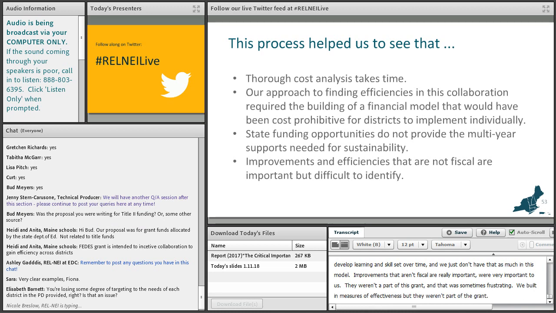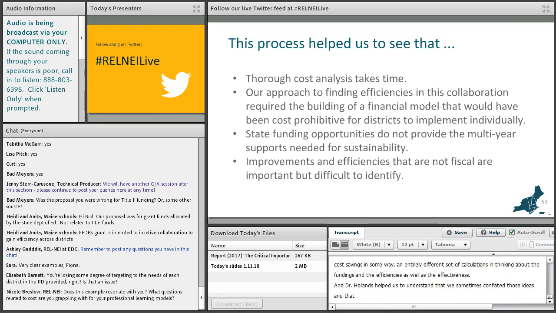We also became very aware that those were important things to keep track of, and it would make sense in the future for us to be able to equate them to cost effectiveness, to cost savings in some way, an entirely different set of calculations and thinking about the funding and the efficiencies as well as the effectiveness. And Dr. Hollands helped us to understand that we sometimes conflated those two ideas and that they're really separate ideas.